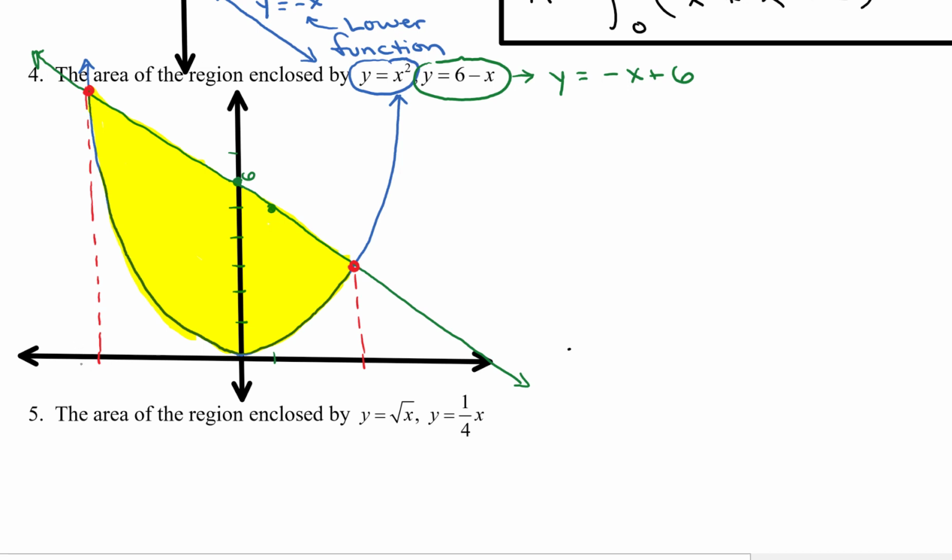And I'm going to draw a dashed line going down to the x-axis. I had labeled those x values B and A, but I'm going to erase those. We're actually going to write this as x equal to, and we're going to have to find that exact x value. So in order to find that exact x value where those two functions intersect, I need to find the points of intersection for this problem.